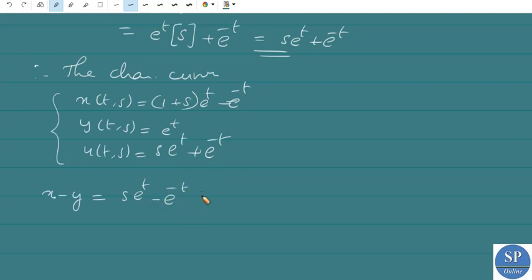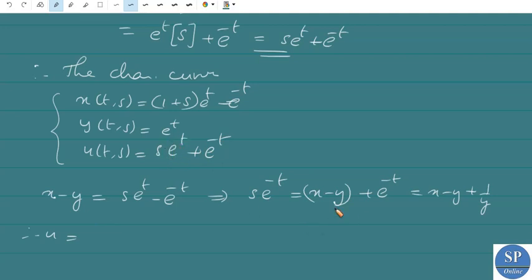From this we get s e power t equal to x minus y plus e power minus t. But e power minus t is nothing but 1 by y, because y equal to e power t. So this is x minus y plus 1 by y. Now we can write u equal to s e power t plus e power minus t.